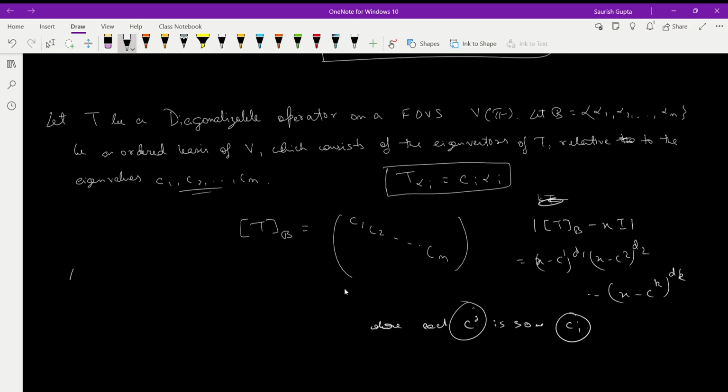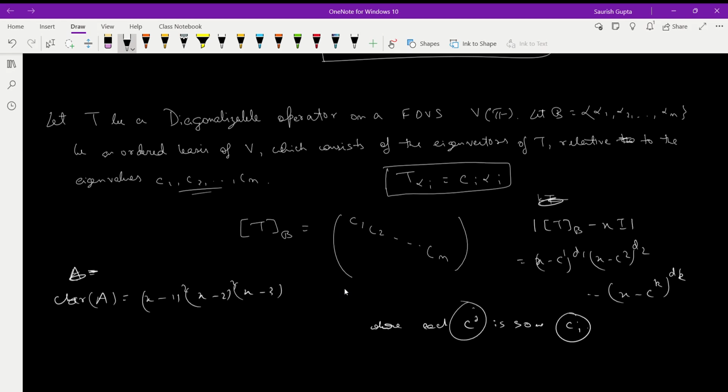Okay. For example, suppose the characteristic polynomial of A is of the form, let's say, (x minus 1) squared, (x minus 2) cubed, and (x minus 3).